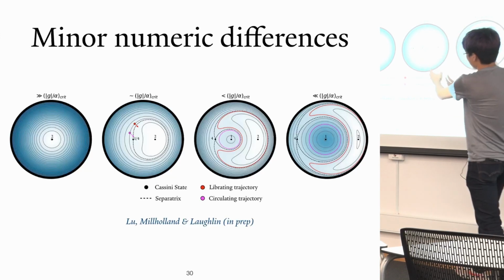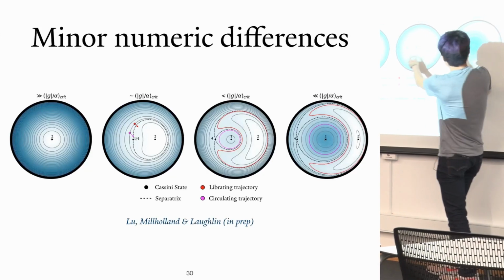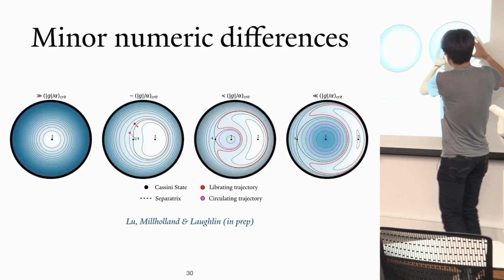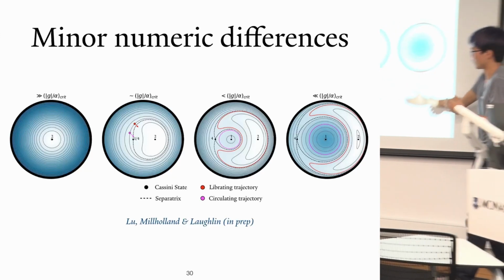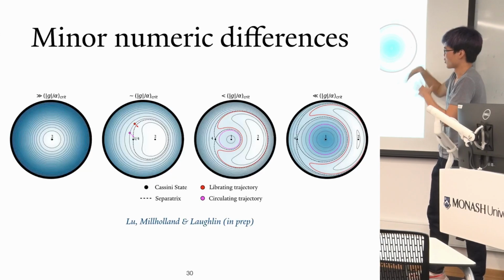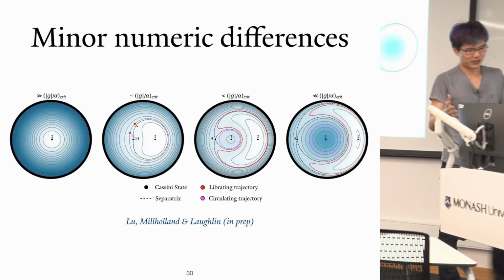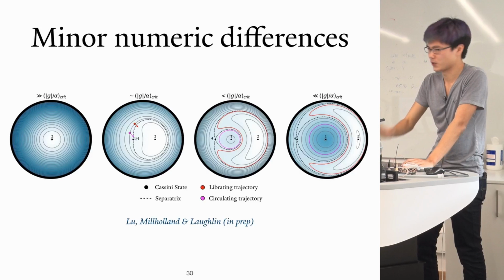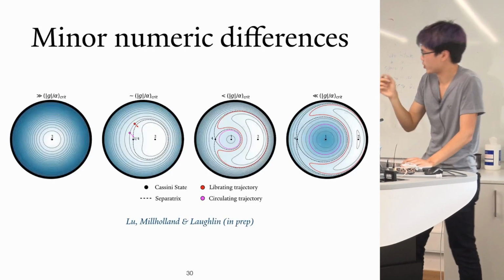And as the system evolves, a slight difference in initial conditions can lead to very different system evolutions. But of course, as the system evolves back into the original state, despite this overall evolution change, you're going to end up back in the same state. I don't know how clear that was, but look out for a new paper in the somewhat near future, where we explore the precise dependence of resonance capture on initial conditions.